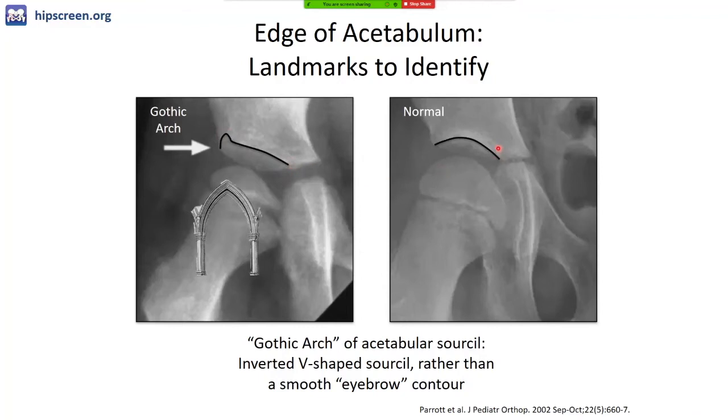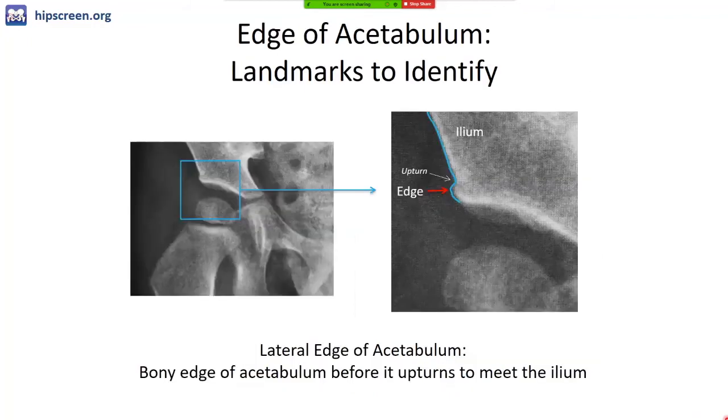In the normal example, you can see that the acetabular sourcil goes up and then comes back down in a smooth manner all the way to the edge of the acetabulum. The bony edge of the lateral acetabulum is shown here with the red arrow. It goes just before the upturn of the ilium.